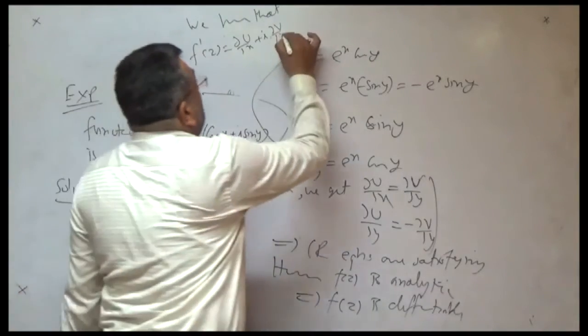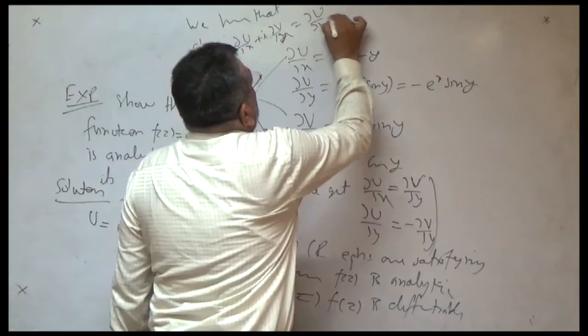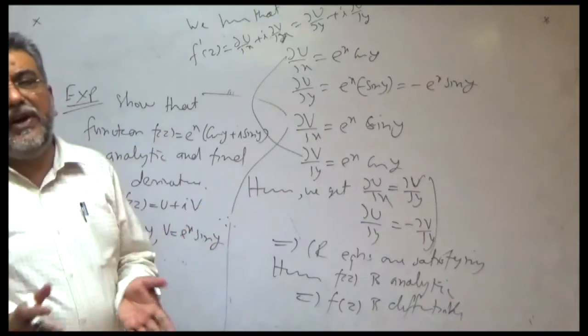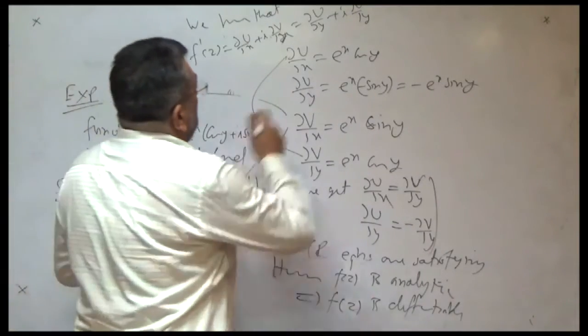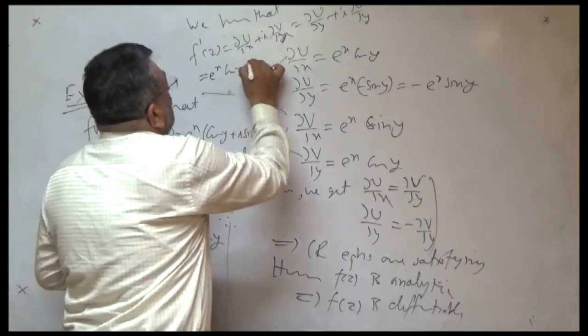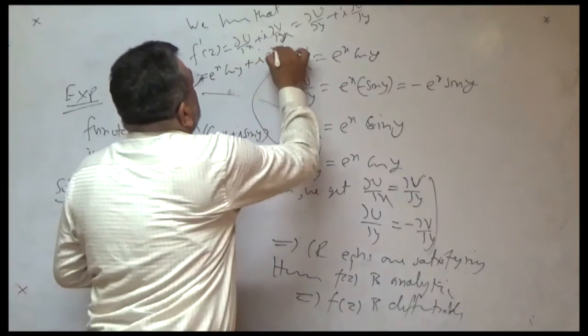Or you can take like that, del u by del y plus i del v by del y, means you can take partial derivative either with respect to x or with respect to y directly, and you have the value of this del u by del x means e^x cos y, i times del v by del x means e^x sin y.